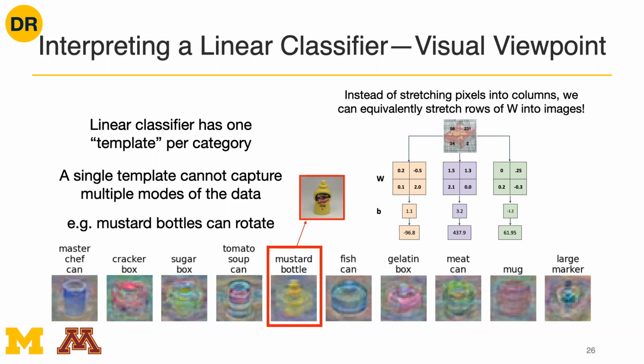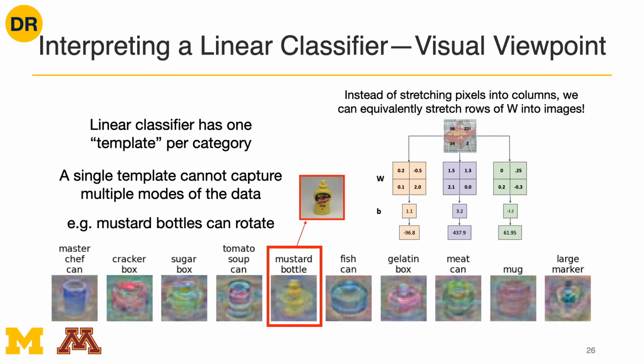So that's why the template that was created after training as your weights looks like this particular image. It's biased to this particular pose, but you also see a blur on the sides, so it is also seeing other orientations.